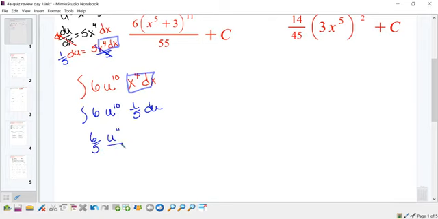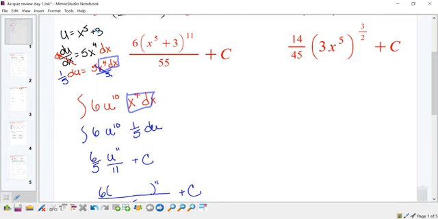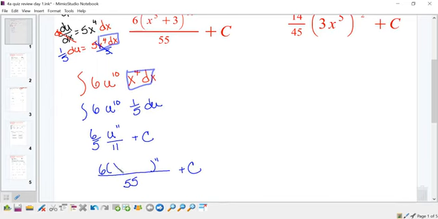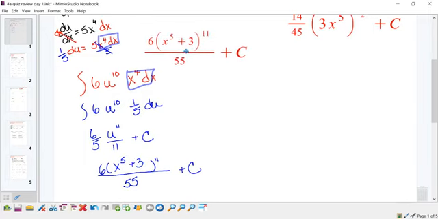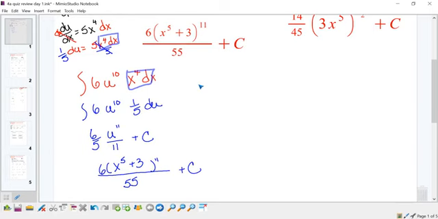Add 1 to the power, divide by the new power, plus c. I can hold the spot for my function. I'm going to multiply denominators and put my u, the x to the 5th plus 3, back in for u.